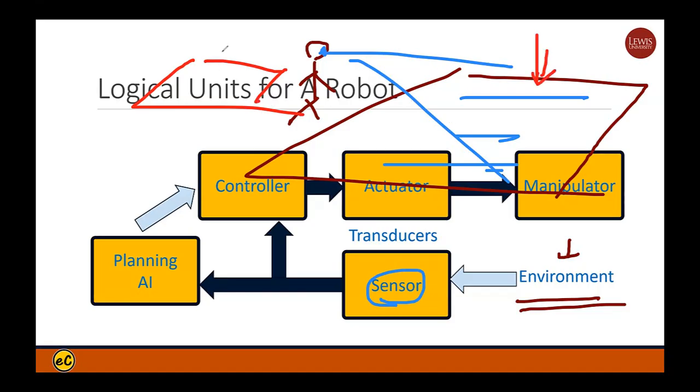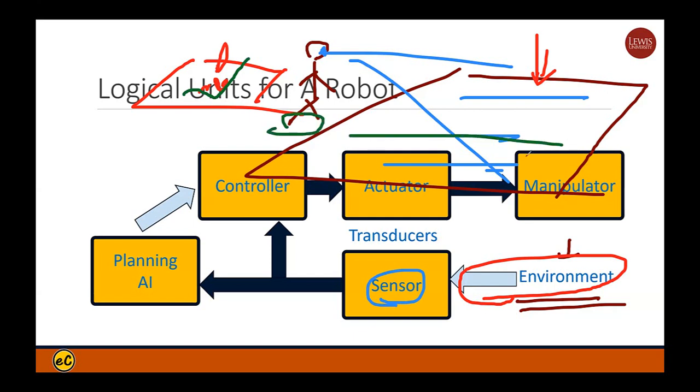So you see it, you build the different model parameters right here, and that's where you sense the environment. Then you make your plan to move over here, and your wheel, your leg actually does the movement. So you move on to there, or you change your robot arm to take something. So this is the overall structure.